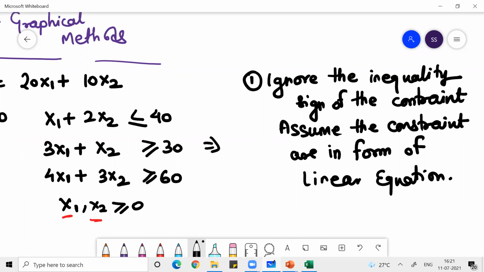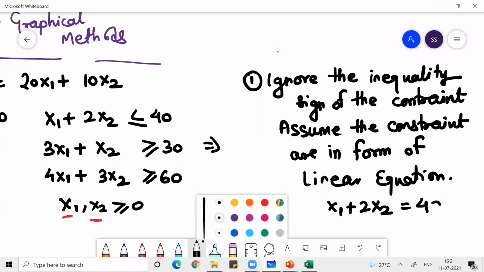Can you understand what I just mentioned? Yes, sir. Everyone understanding? So you will say, sir, I understood, but you said it theoretically. What do you mean practically? So for the time being, can you just assume x1 plus 2x2 equal to 40?